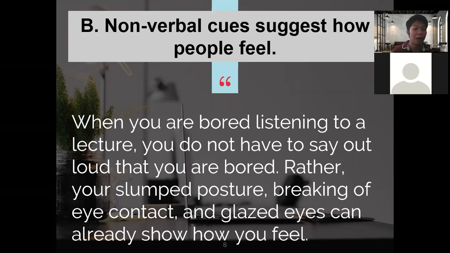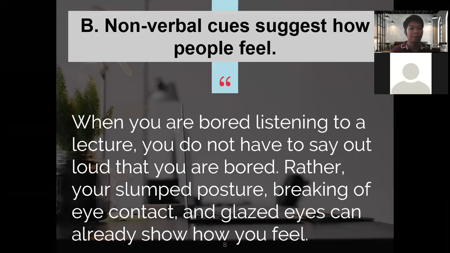So there are meanings of those facial expressions. If you have a gloomy countenance, probably you have problems or you are struggling about something. Our facial expressions say a lot about how we feel, about our current emotional conditions.